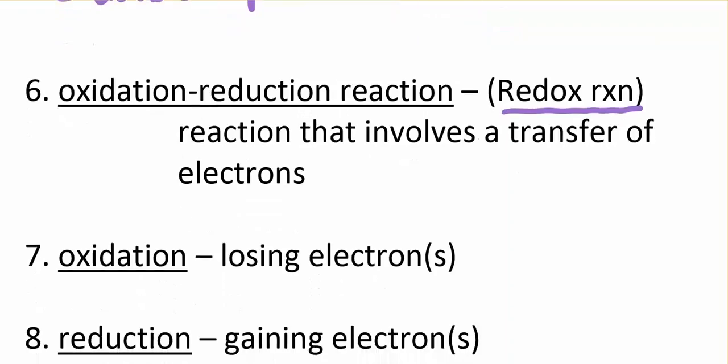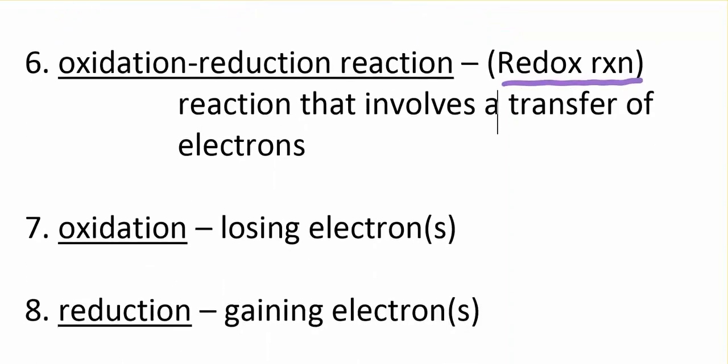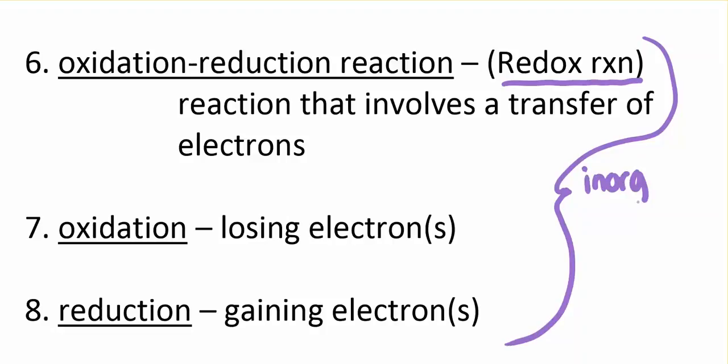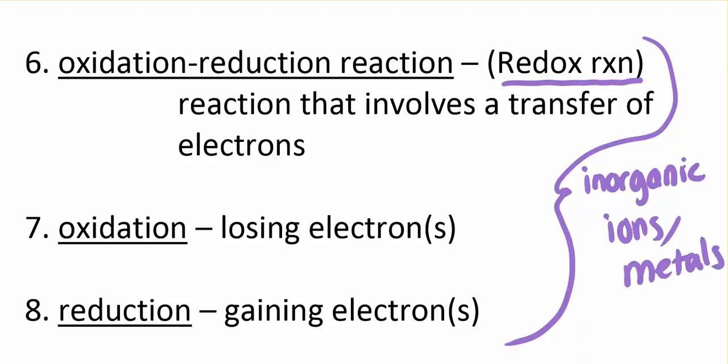Anyway, so this is one definition of redox reaction. This is for inorganic chemistry. This is dealing with ions and metals. So redox reactions can be inorganic or organic, and in my class I deal with the organic type in the lecture part of the class, and I just hit the inorganic type in lab.